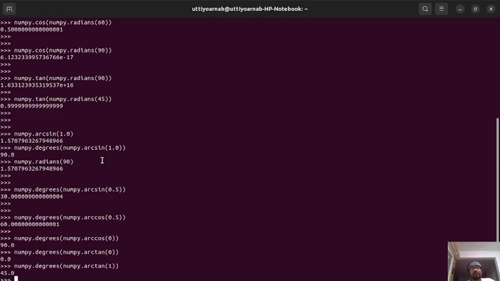So when you want to calculate the trigonometric function, you put the argument converted into radians for your corresponding angle. To calculate the inverse trigonometric function, you give the exact value for which you want to calculate the inverse, because that is already a ratio, and you convert that result to degrees, because the result is given in radians.